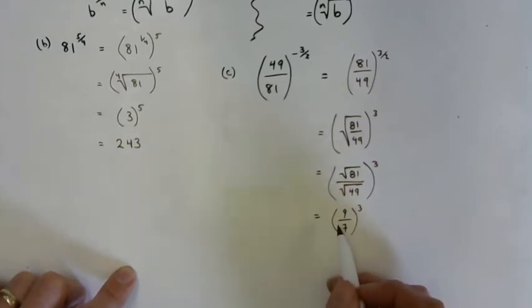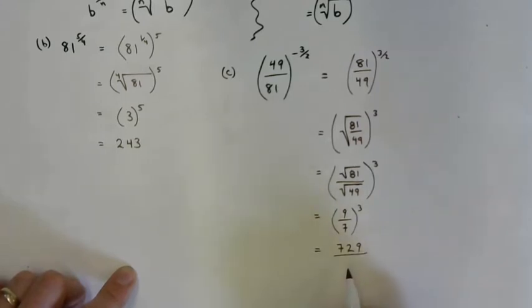Multiplying fractions is top times top times top, bottom times bottom times bottom, which means we have 9 cubed over 7 cubed. I'd put both of those in my calculator individually, or you can probably do it in your head if you're careful. We've got 729 over 343.